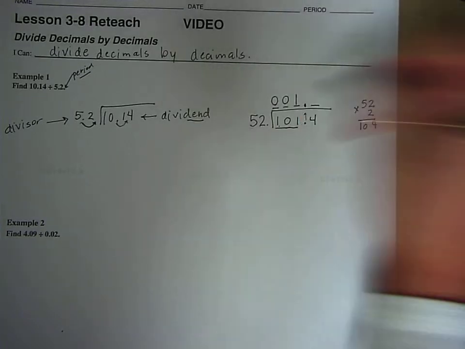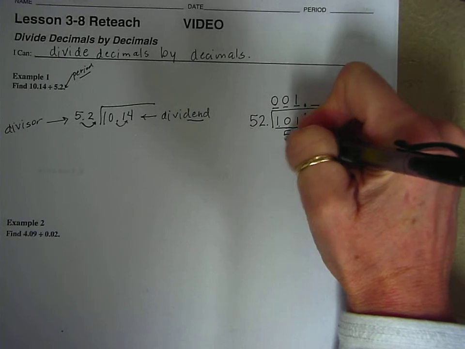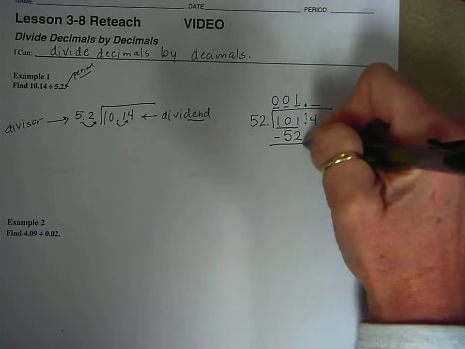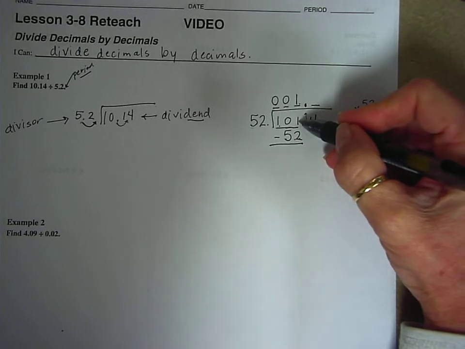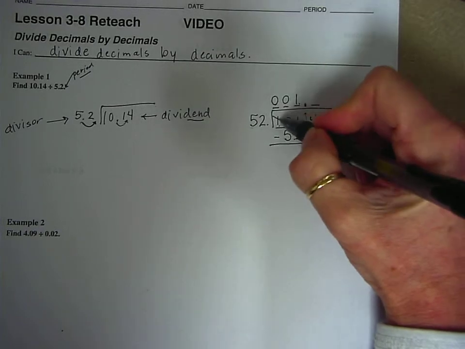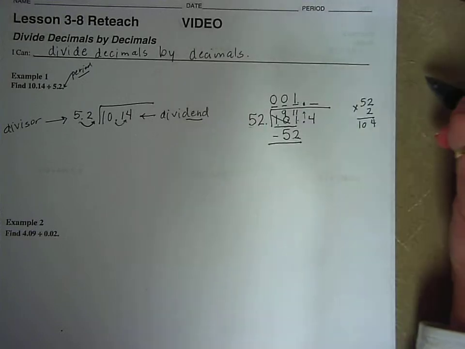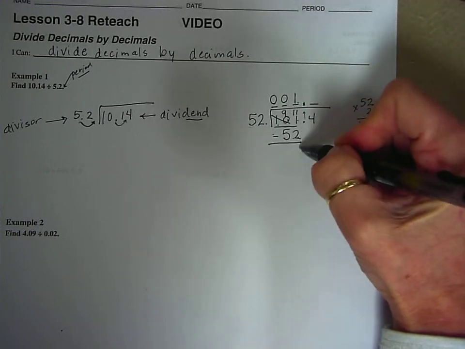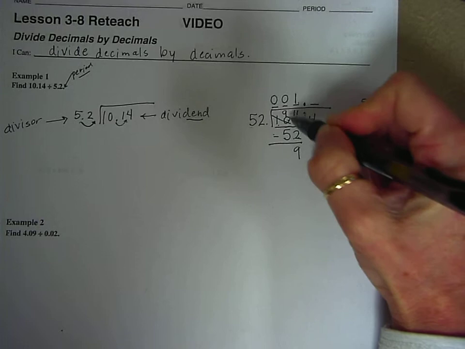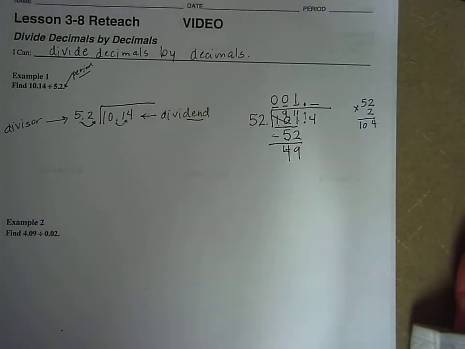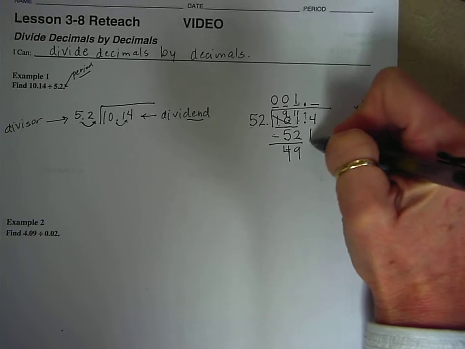So 1 time, and 1 times 52 is 52. Cannot take 2 from 1, so I borrow from 10. That becomes 9. That becomes 11. 11 minus 2 is 9. 9 minus 5 is 4. Bring down the 4.